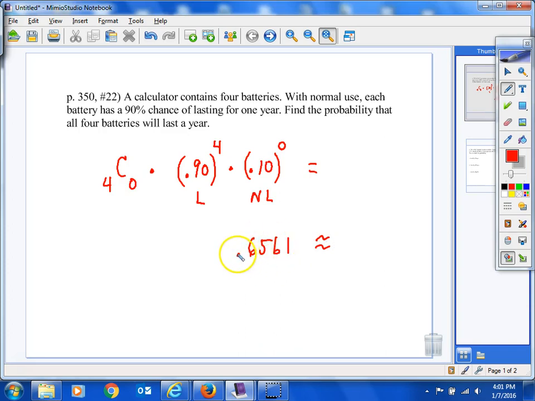So remember, to change this to percent form, it's like multiplying by 100 or moving the decimal point 2 places to the right. So rounded, changing to percent, we have about a 60% likelihood that all 4 batteries will last a year. Okay, so that's your answer for number 22.